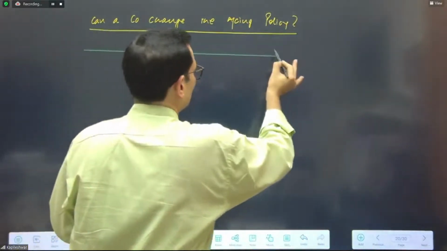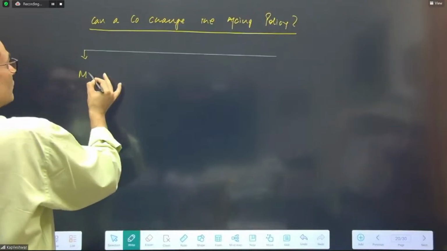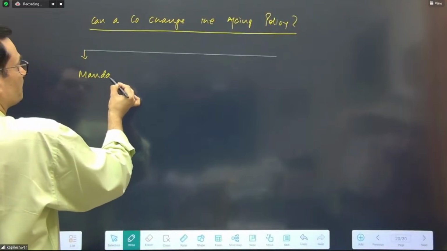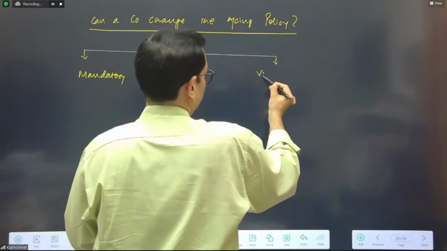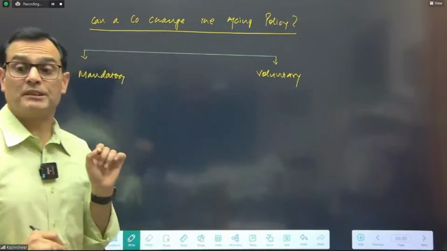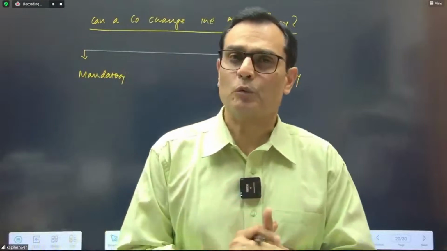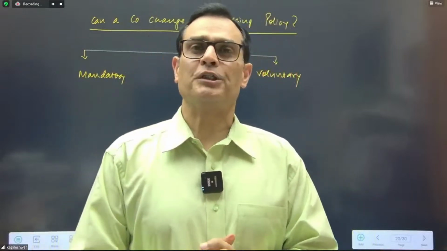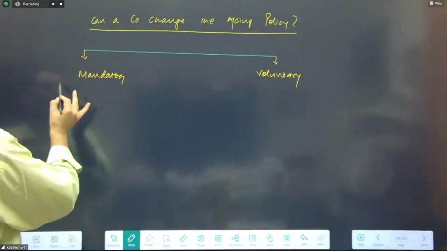There are only two valid reasons when a company can change an accounting policy: a mandatory change and a voluntary change.